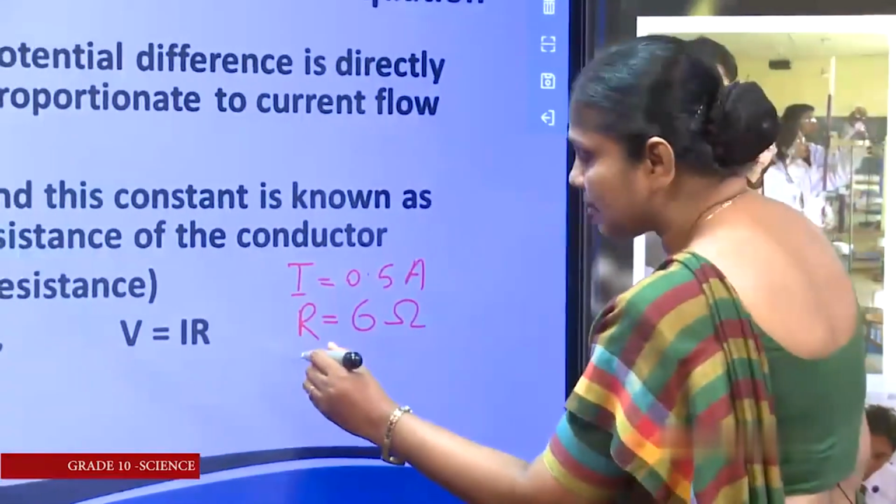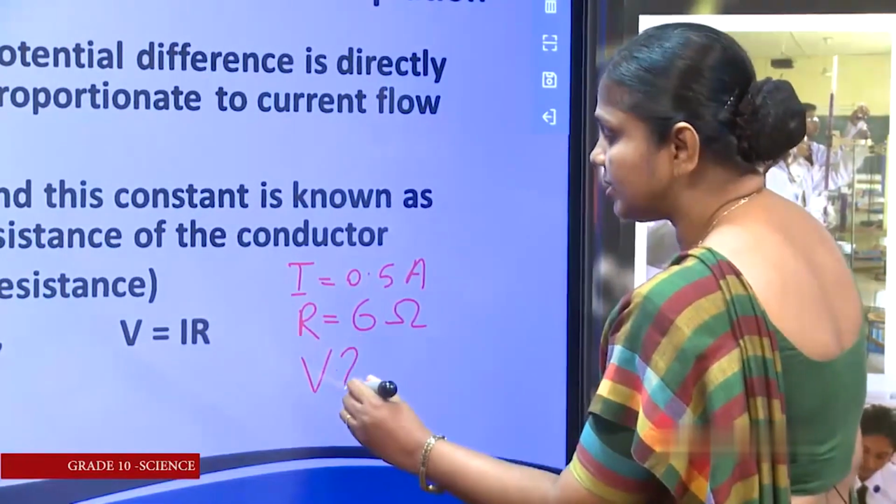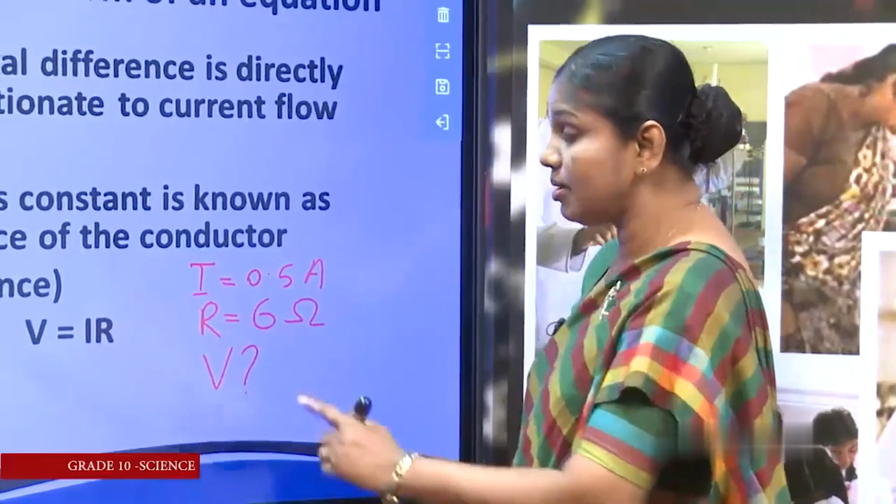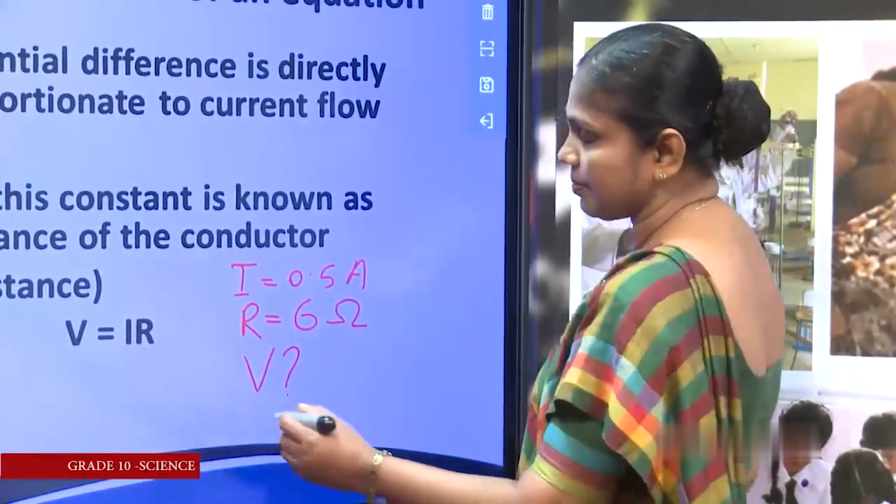Then we can find potential difference V using this equation V equals IR.